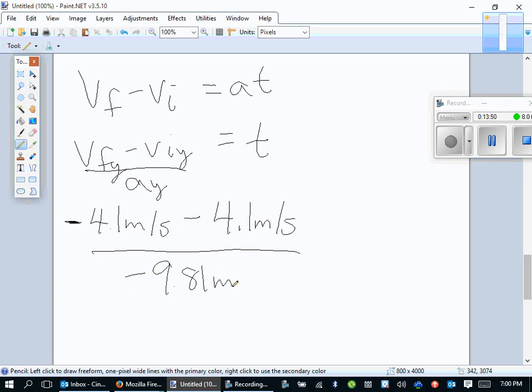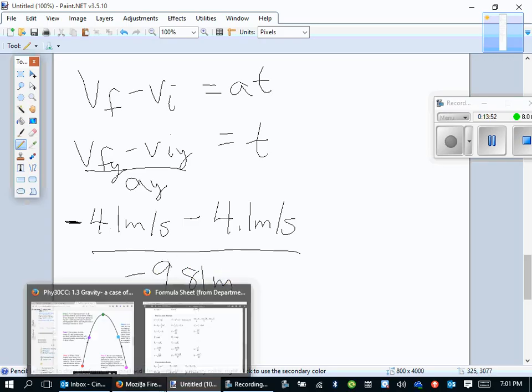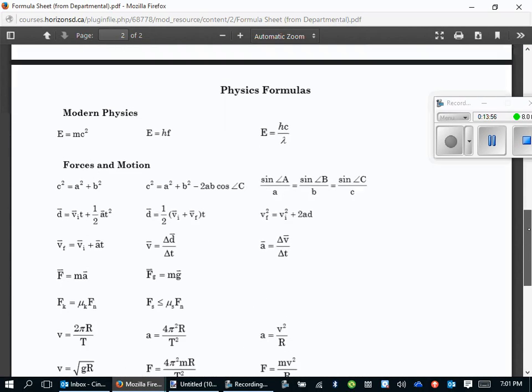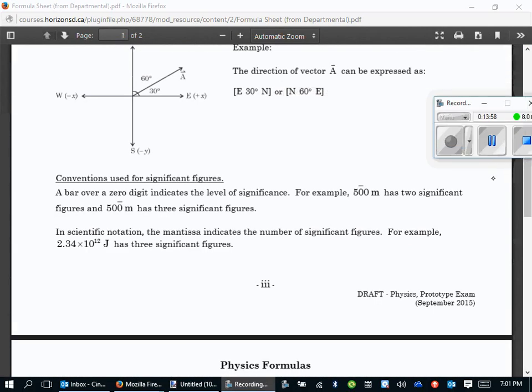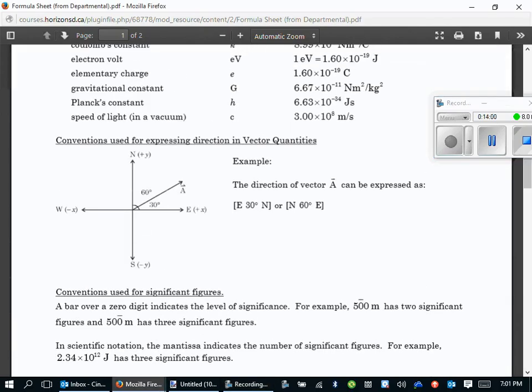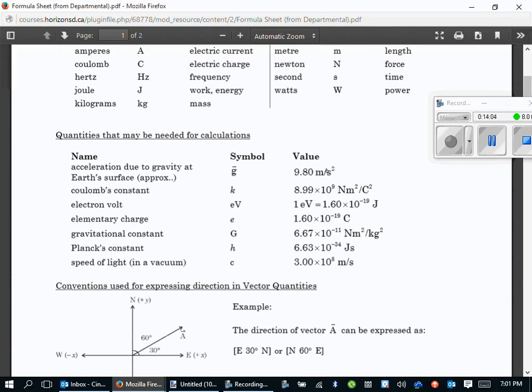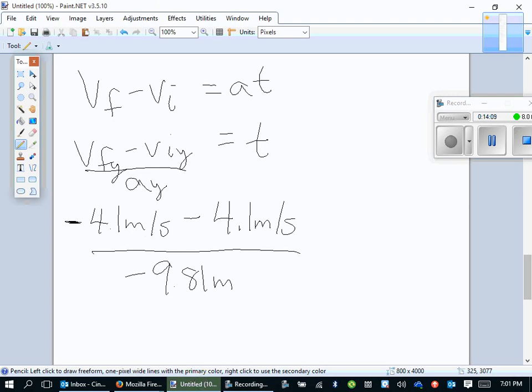That is a known. That is something we will always be given. In fact, it's on your formula sheet. Sorry, that acceleration due to gravity is right here, 9.80. Oops, 9.80 we should have used. Meters per second squared. So that should always be given to you.